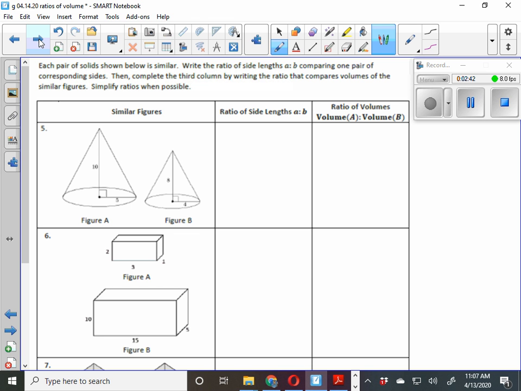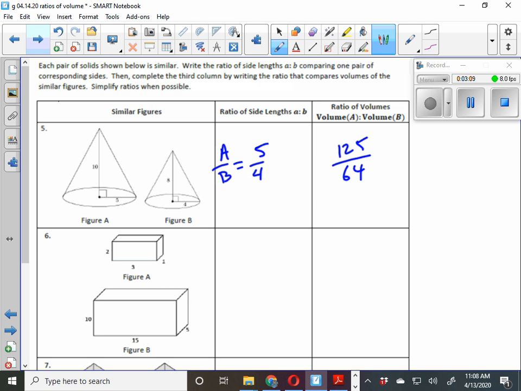So, the ratio of the length of the sides, if these are similar, and that's what they're stating, these are similar figures. So the ratios of the sides here, big to smaller, A to B, we're going to stay with A to B each time, is 5 to 4. The ratio of their volumes is going to be 125 to 64.